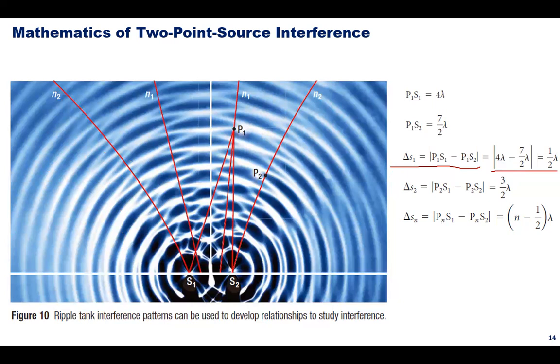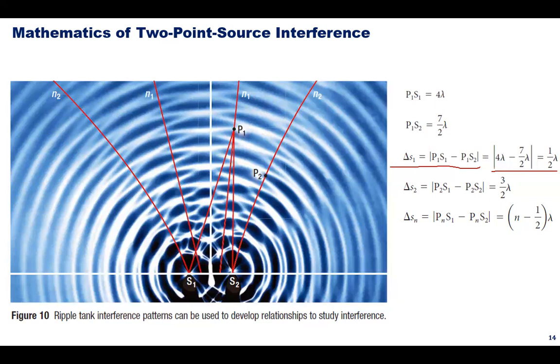This equation applies for any point on the first nodal line. We can use the absolute value because only the size of the difference in the two path lengths matters, not which one is greater than the other.